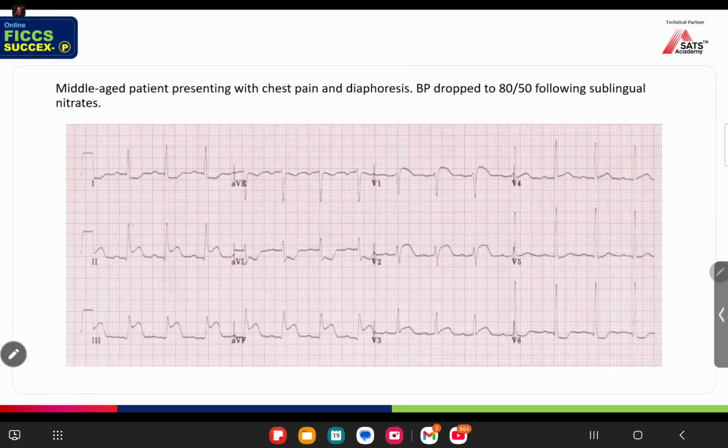So how is it going to change? Because here we need to give fluids to these patients, because RV infarction will cause hypotension with nitrates, venodilators, which reduce the preload.